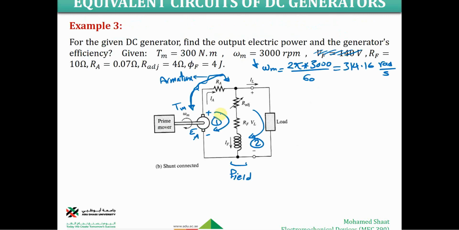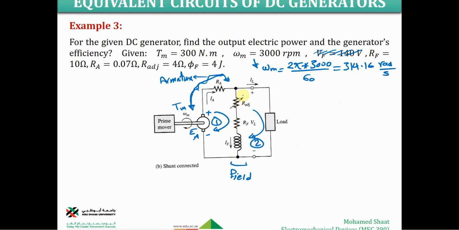And in addition, if we continue rotating here, this total current IA will be split. The armature current will be split into IF and IL. This is the IL, which is the load, which is the output current. So it will be split into these two branches. But the current over this resistor, the adjustable resistance, and the field resistance and the coil is IF.